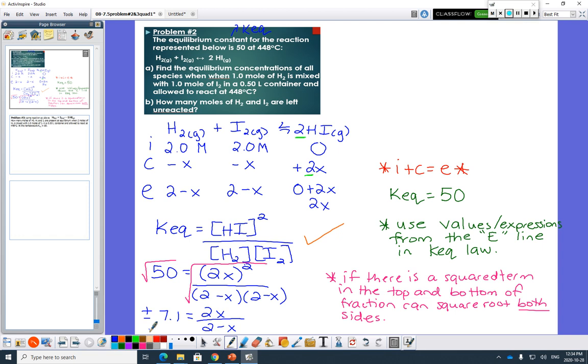So now, similar to the quadratic formula, because there are two answers, a positive and negative, when you square root, and when you're in grade 10 math, you kind of split it apart, we're going to do the same thing. So we're going to find two x values and decide which one makes sense.